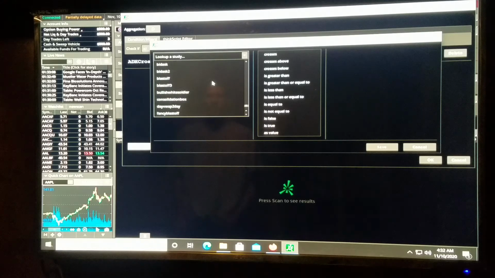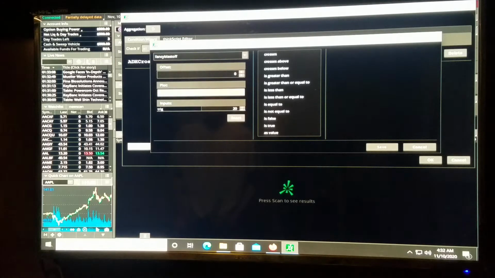Okay, and then we'll do fancy blast off. Okay. And then we'll do offset is 1, is true within 1 bars.